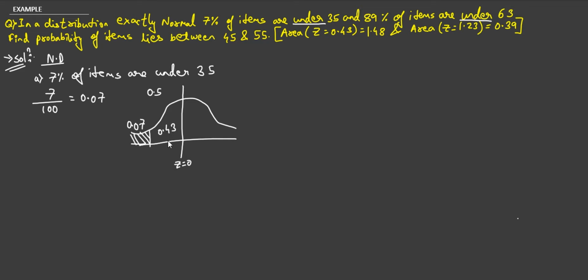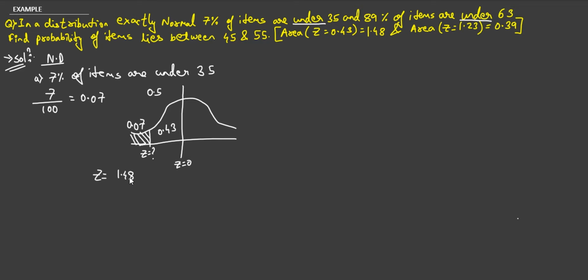Now we need Z. We don't have the Z value here. We know both the areas, but we have to find this Z. For the 0.43 area, the Z value is 1.48.